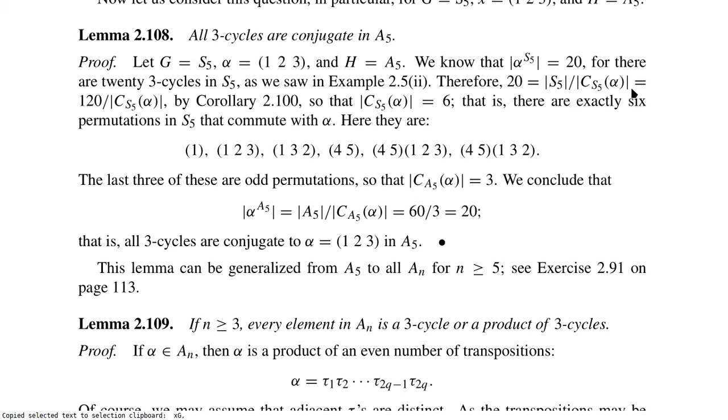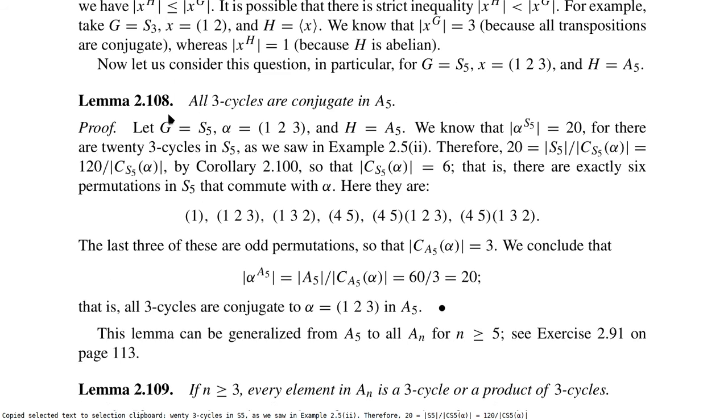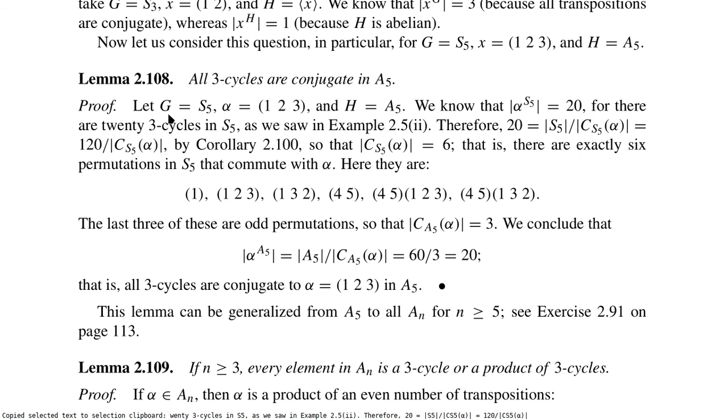So here the group is S5 and the element is alpha, so 20 is equal to the order of S5 over the order of the centralizer of alpha, and S5 has order 5 factorial, that's 120. So 120 over the order of the centralizer. For the centralizer, you need all the elements that commute with alpha.